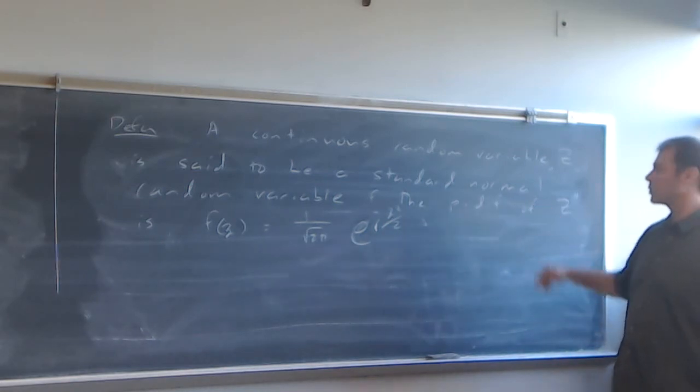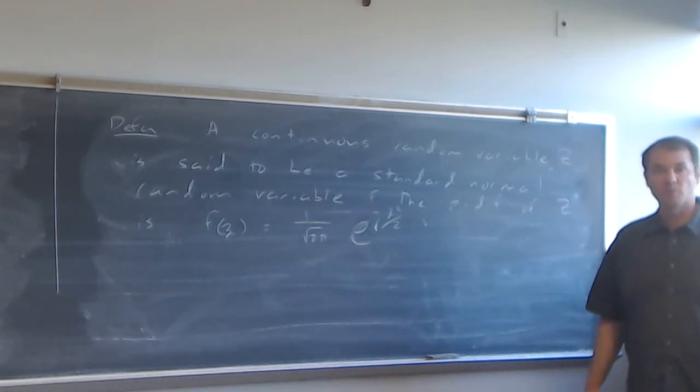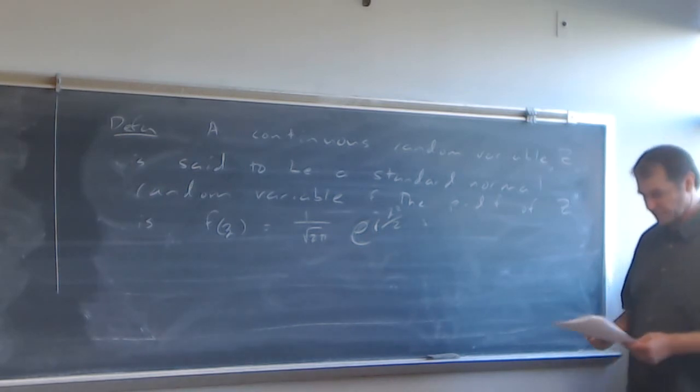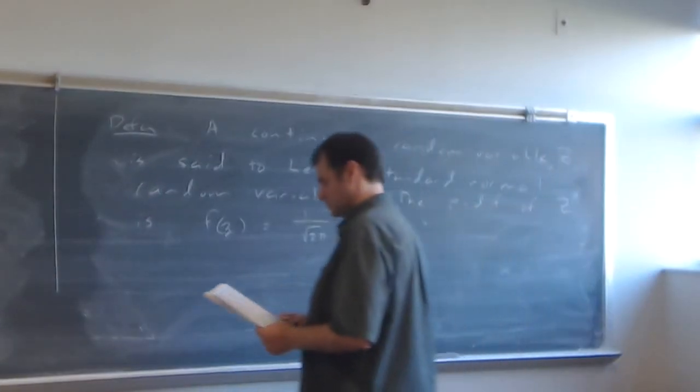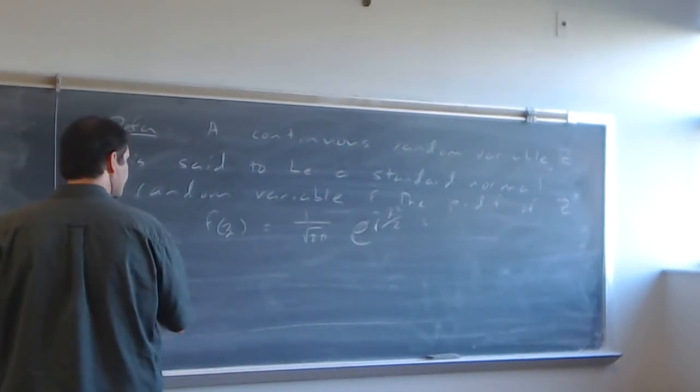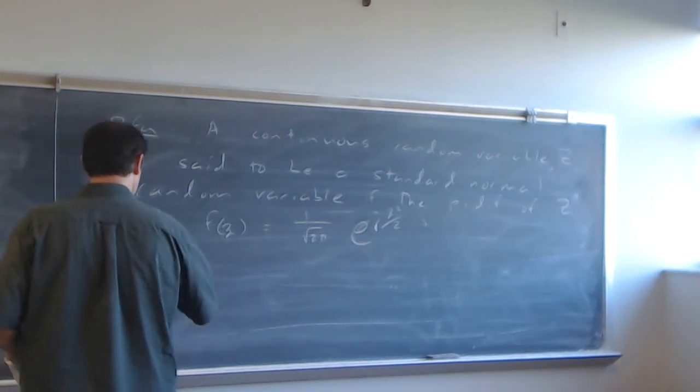This standard normal random variable is a normally distributed random variable whose parameters are 0 and 1. Okay? In this case, I'll write this down.